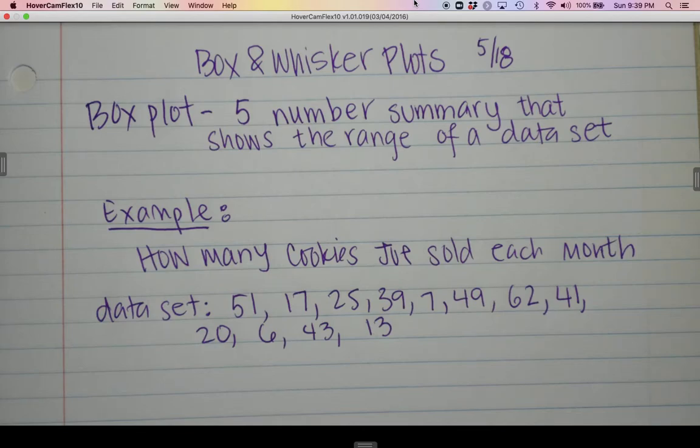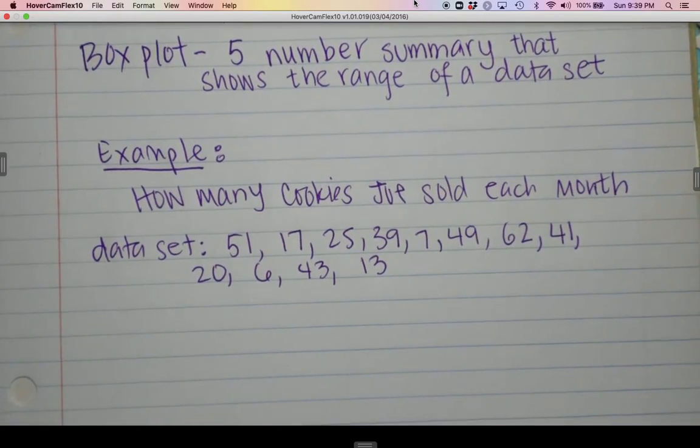This data represents a year. It's how many cookies he sold each month. So some months he did really well with selling 51 cookies, and other months he did not so well by selling only 6 cookies.